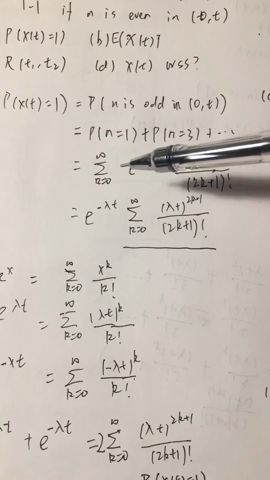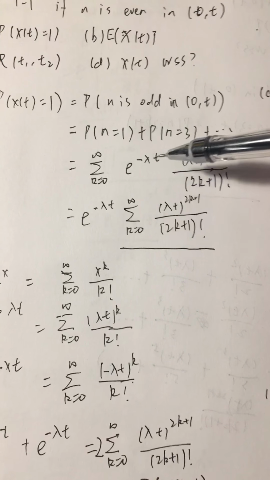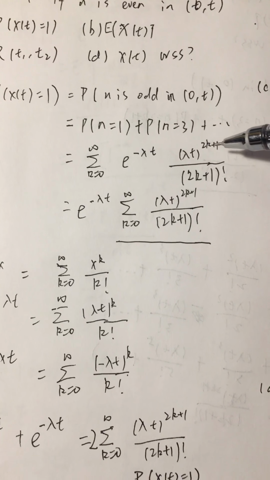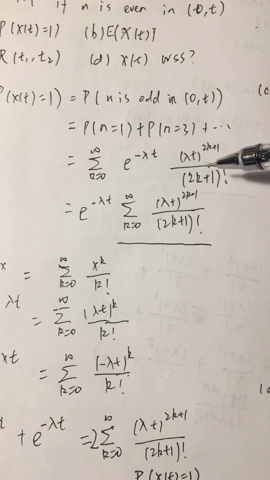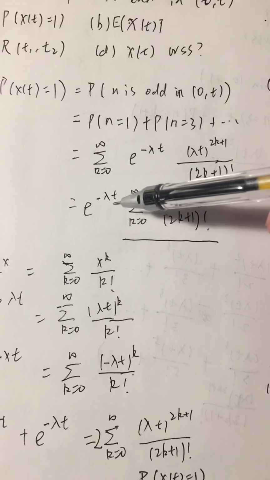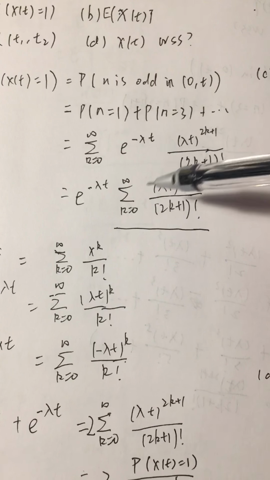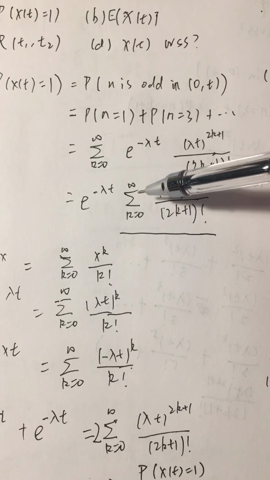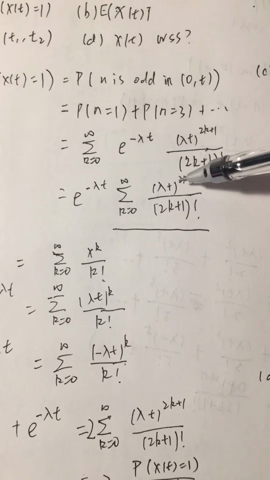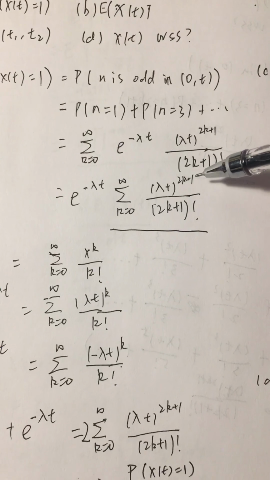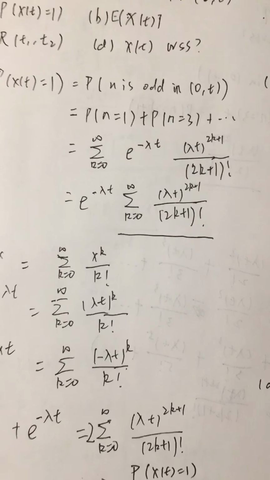So this equals the sum of k equals 0 to infinity of e to the power minus lambda t times (lambda t) to the power 2k plus 1 divided by the factorial of 2k plus 1, and this equals e to the power minus lambda t times the sum of k from 0 to infinity of (lambda t) to the power 2k plus 1 divided by the factorial of 2k plus 1.